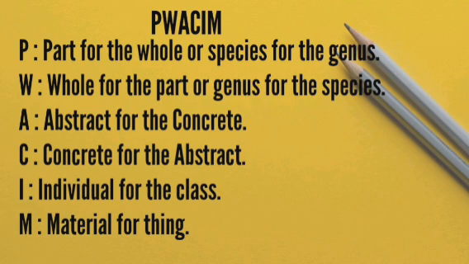Okay, so first see whole for the part. So here the whole thing will be mentioned, but what will it refer to? It will refer to a part of it. Okay, this is the reverse process of using the whole. Okay, whole for the part, where the whole thing is said, but the part is actually meant.